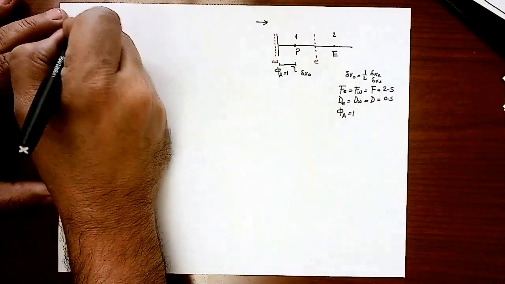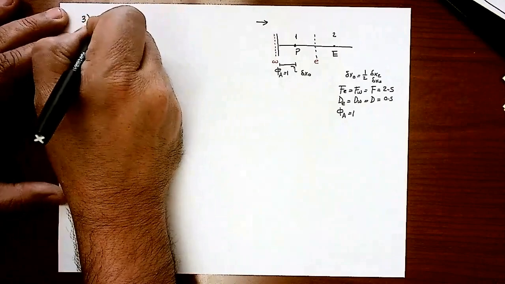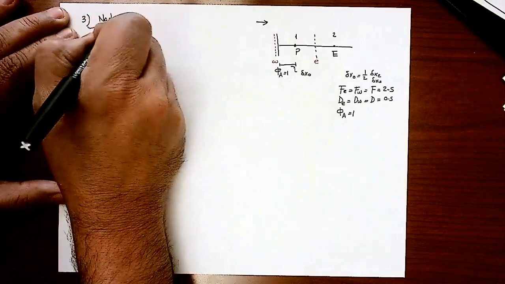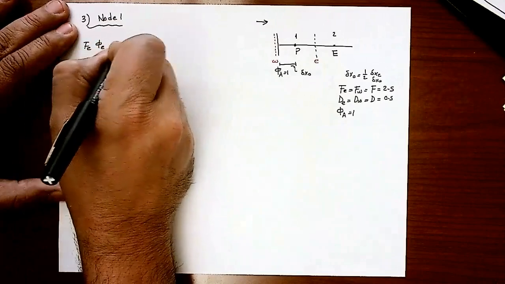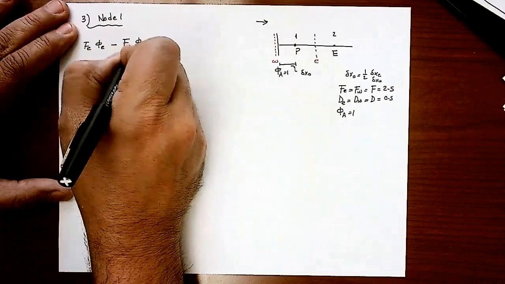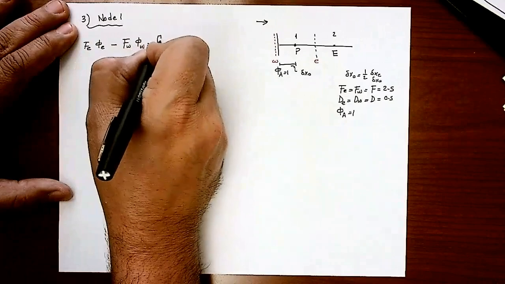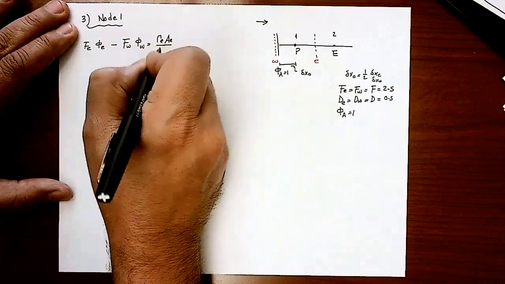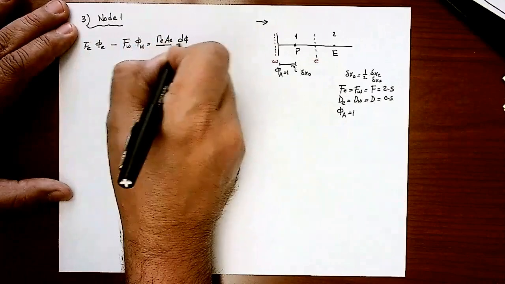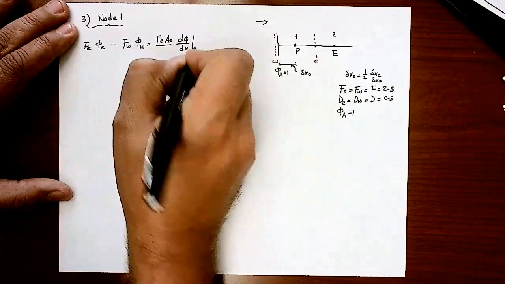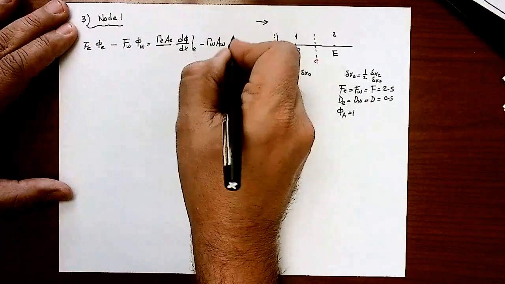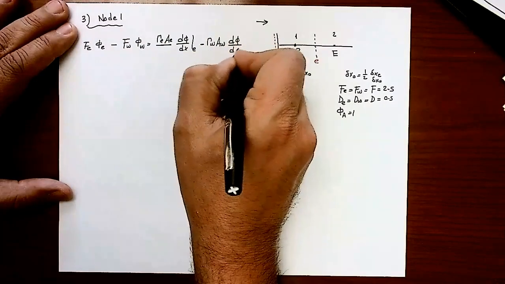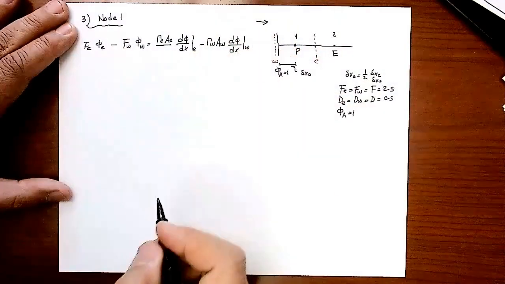So the governing equation for node 1: F east phi east minus F west phi west equal kappa east A east d phi by dx on the east face minus kappa west A west d phi by dx on the west face.